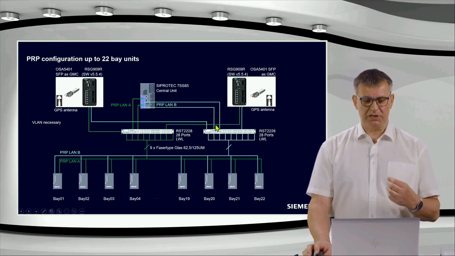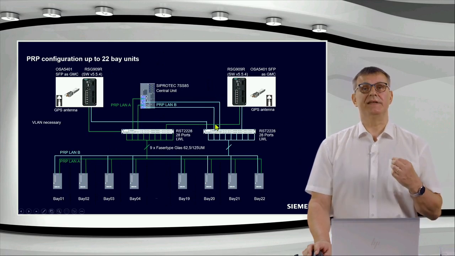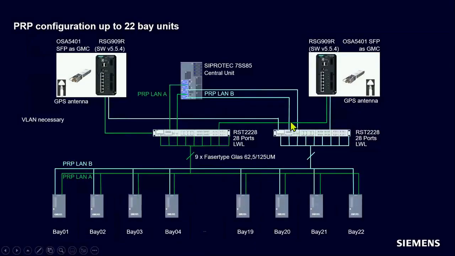So normally there are also 2 grandmaster clocks applied. And here in the solution, we are using 2 grandmaster clocks. We are using 2 times the solution I have already explained 2 slides before.